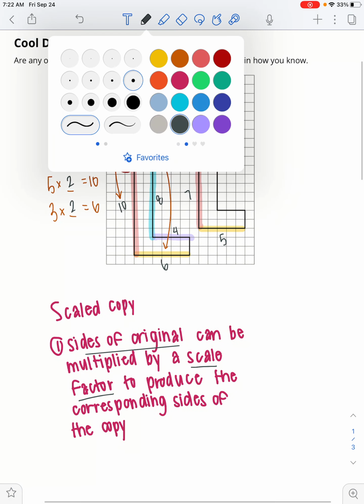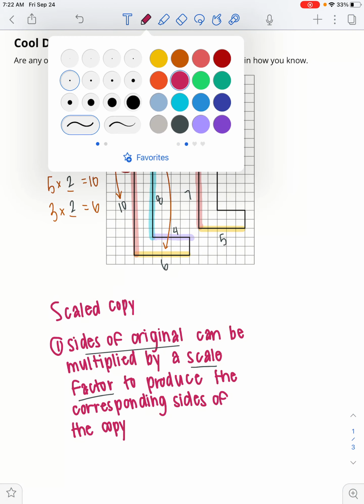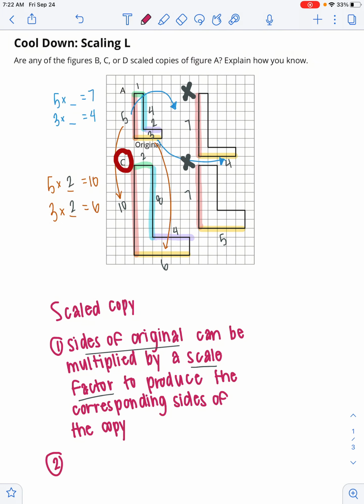Now, the other reminder that I want to give you is that we've also talked about angles. And we know that in a scale copy, corresponding angles are equal. So, for example, in this case, I can see that all of the angles are right angles.